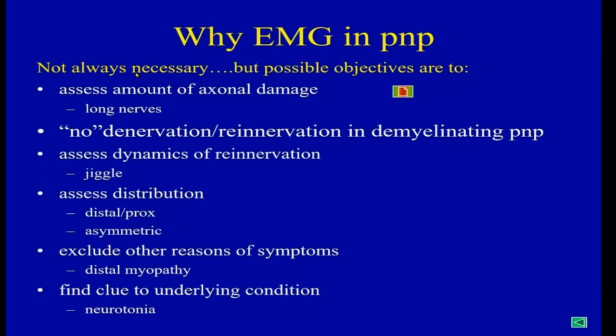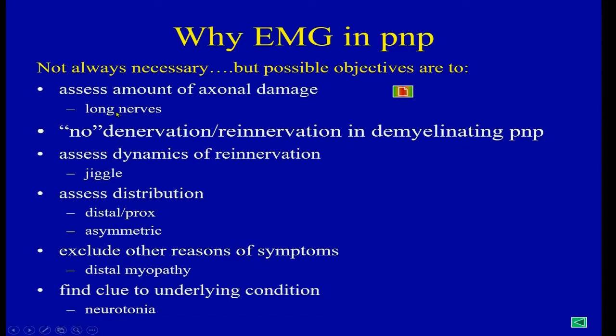But if we want to use EMG, we must have a question to it. And people say, well, I want to assess the degree of axonal damage, and then axonal neuropathies are length dependent, and therefore these tests should then be done in muscles that are innervated by long nerves.